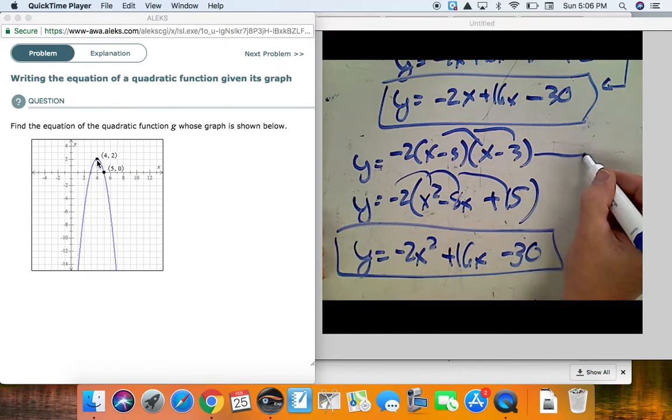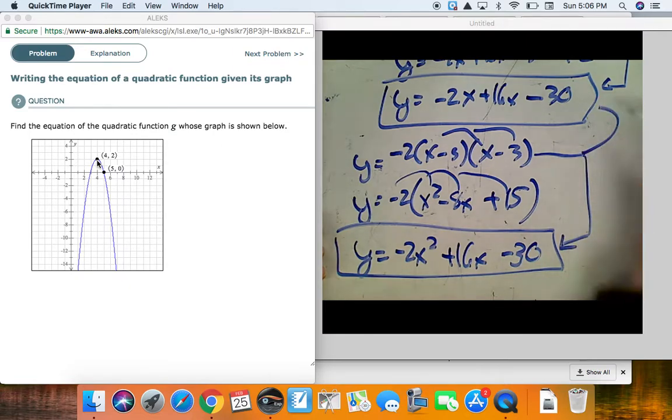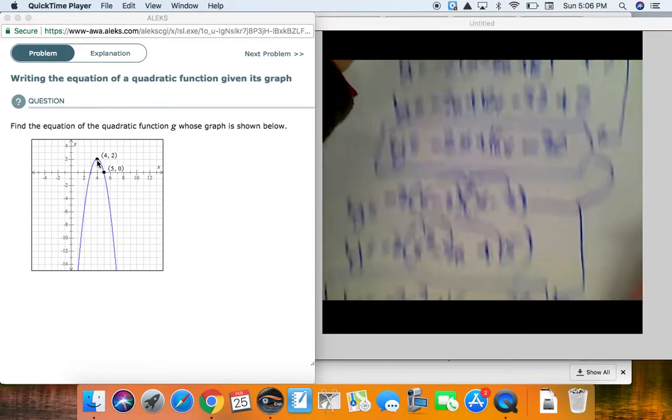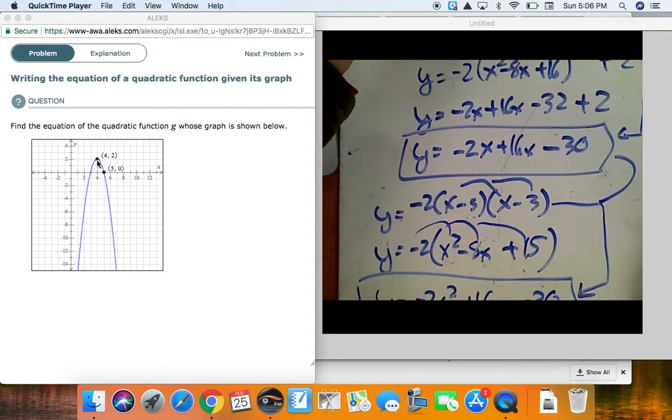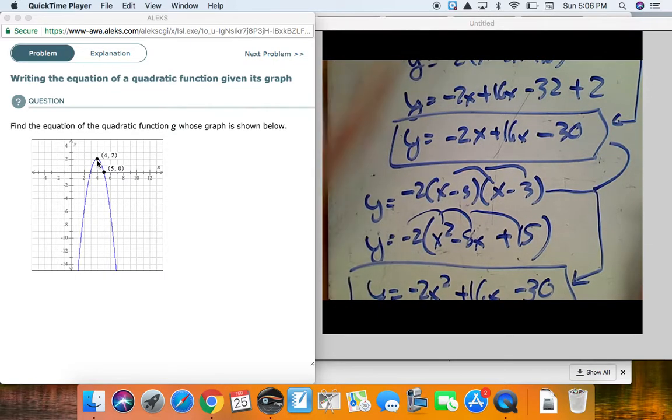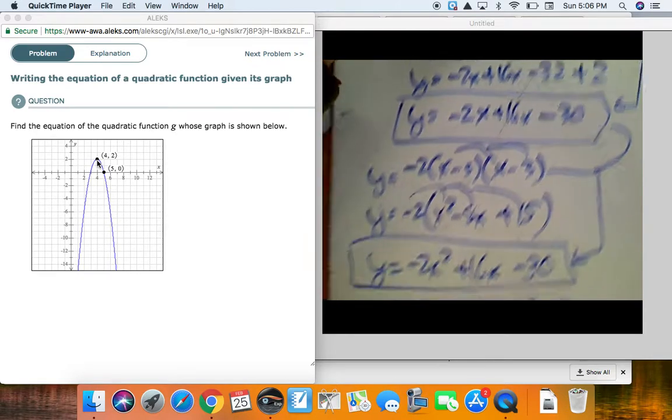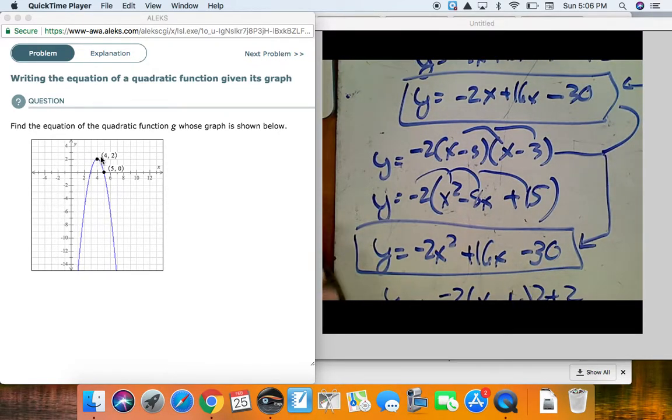So all three of those equations are just different forms of the same equation, which is kind of cool. They all give you different information, but they are the same. All right, so hopefully that will help.